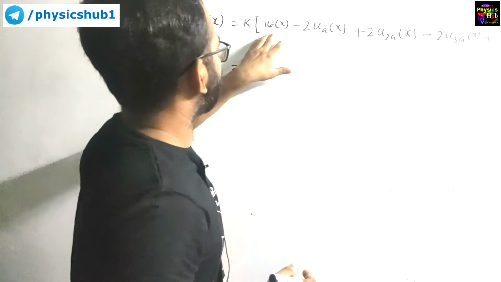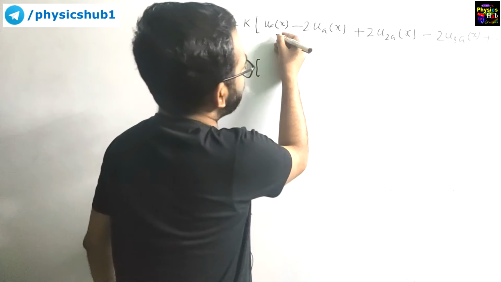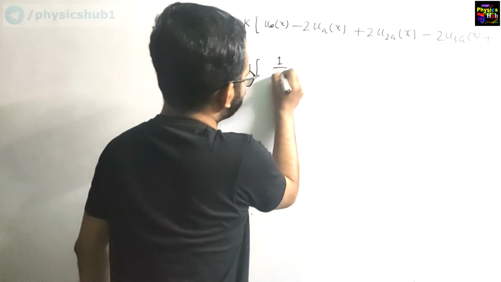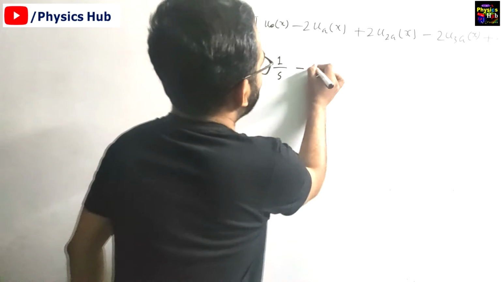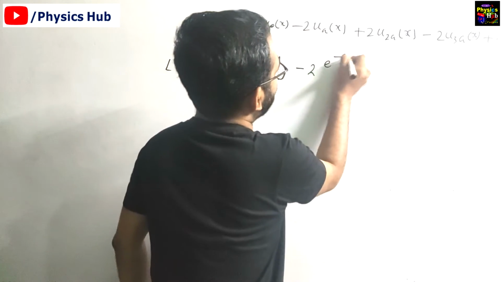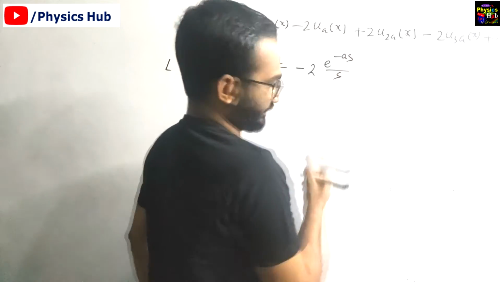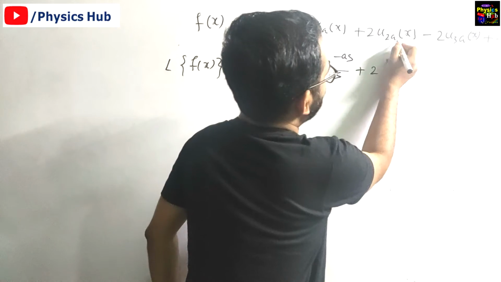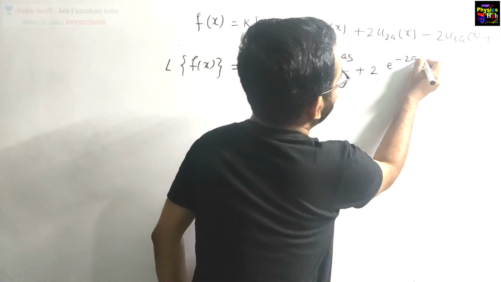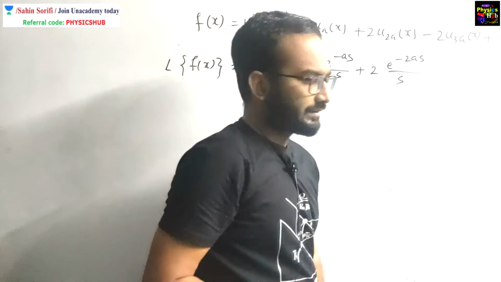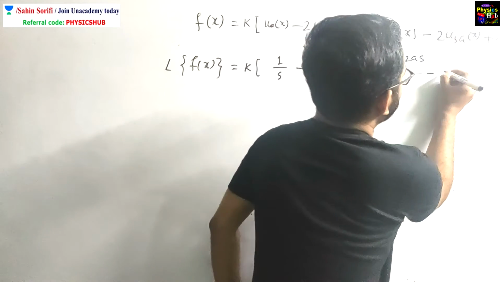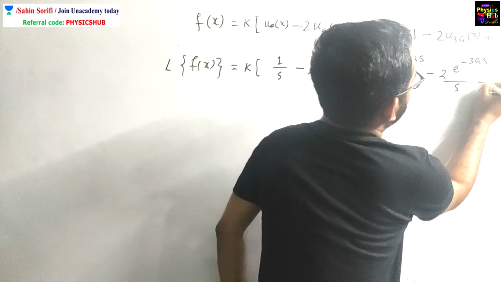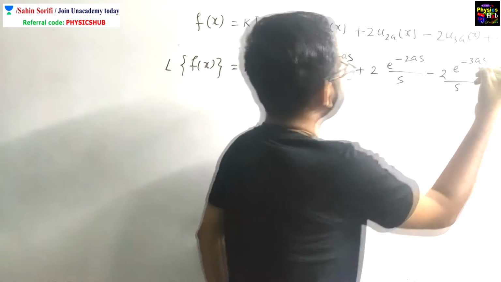So k into Laplace transform u0 of x, so e to the power minus as, here a is 0, so 1 by s, minus 2 into e to the power minus as by s, plus 2 into u2a, so e to the power minus 2as by s, minus 2 into e to the power minus 3as by s, and so on.